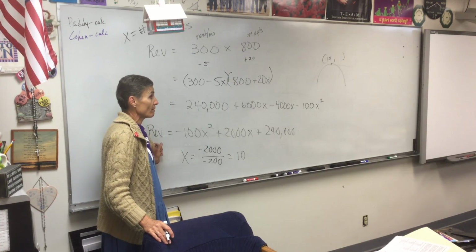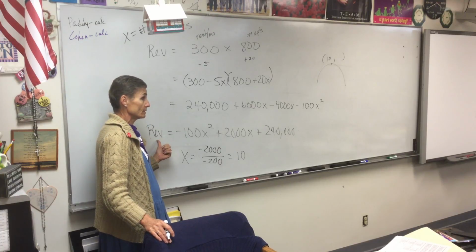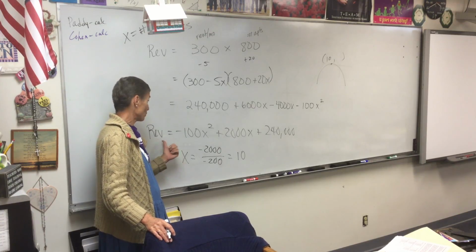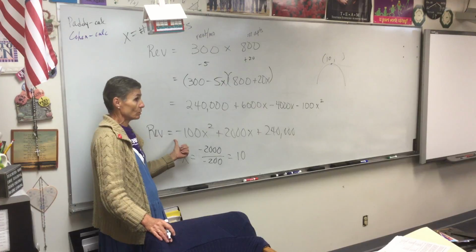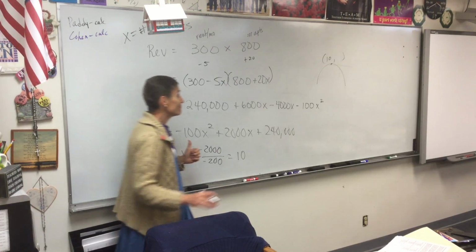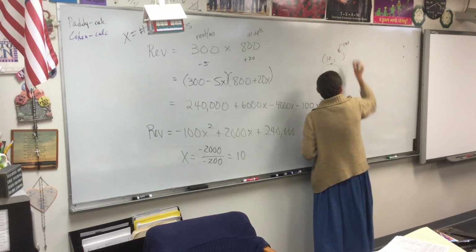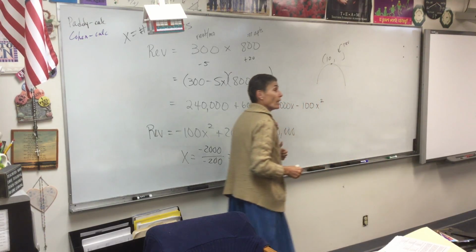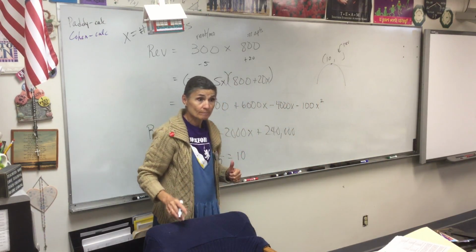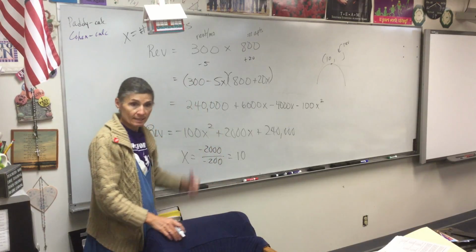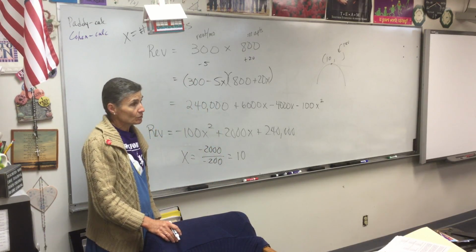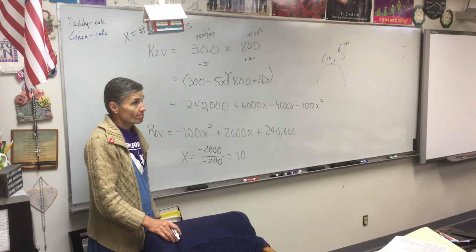The actual revenue. If you were to type this in, this is y equals, so your revenue would have come out right here. So if the question had said, what is your maximum revenue, then you would have plugged 10 in and gotten the y value. Okay?